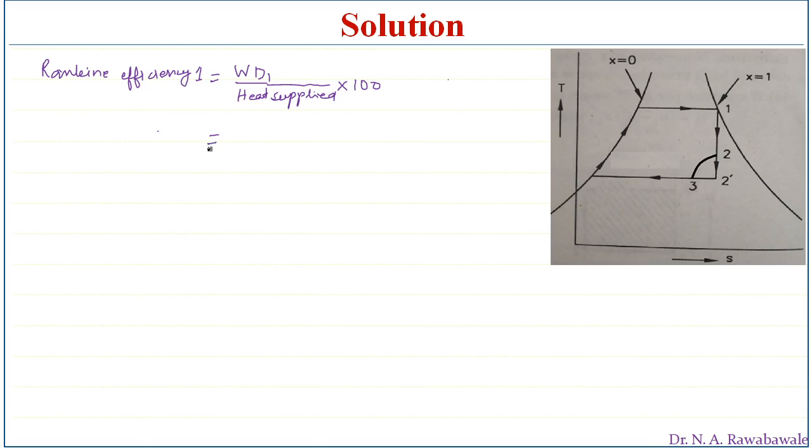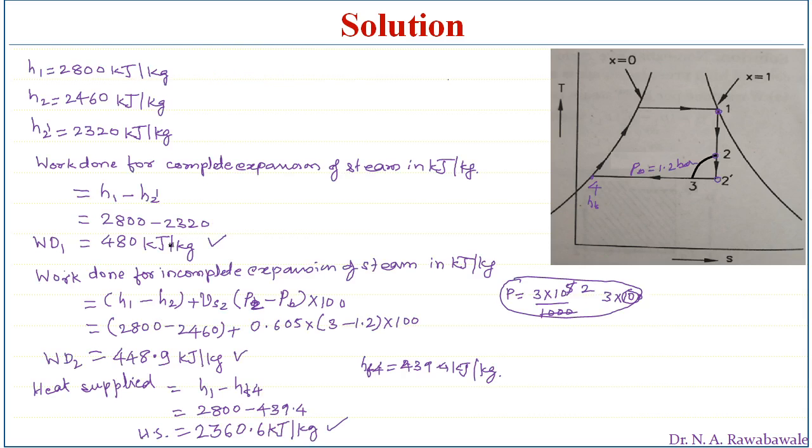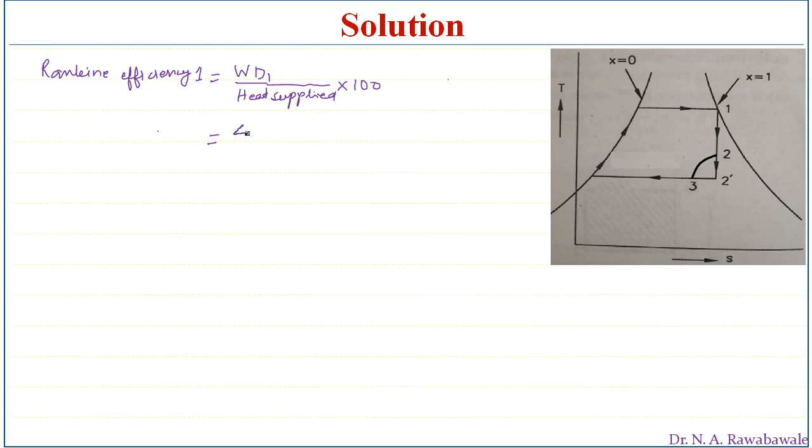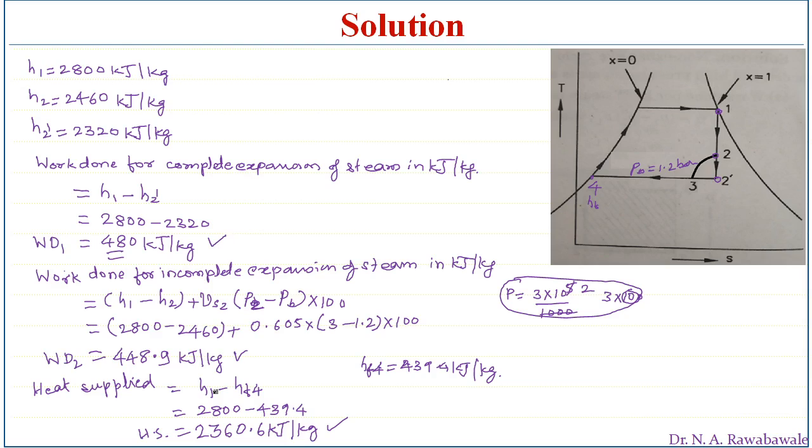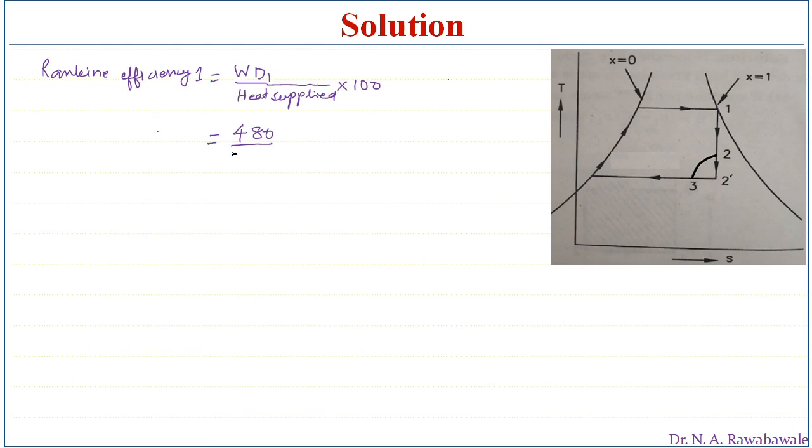Work done 1, which is calculated as 480 kilojoules per kg, 480 divided by heat supplied, which we have calculated as 2360.6, into 100.